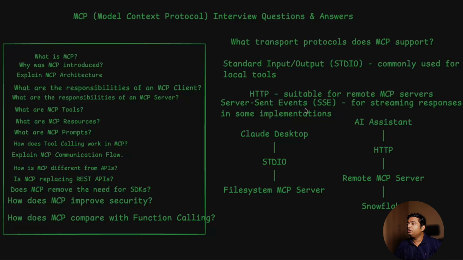The other is HTTP, used when you are communicating with a remote MCP server, one that is not on your local system but somewhere else. If you're using a product's MCP server, for example Google's or Snowflake's MCP server, I don't remember, but I think Snowflake has its own MCP server, then with the help of HTTP you connect to the remote MCP server. I've taken the example of Snowflake, so you can connect to Snowflake this way.